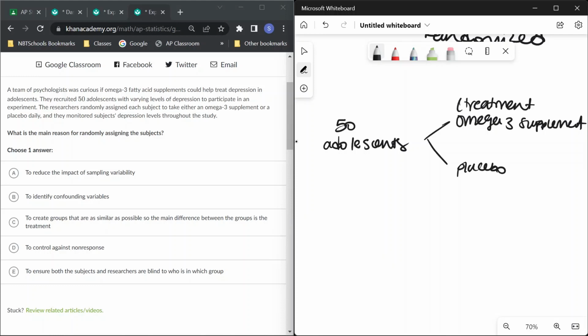This is the treatment. This is the control. I can't even spell that. Why is this thing slow? Control group.